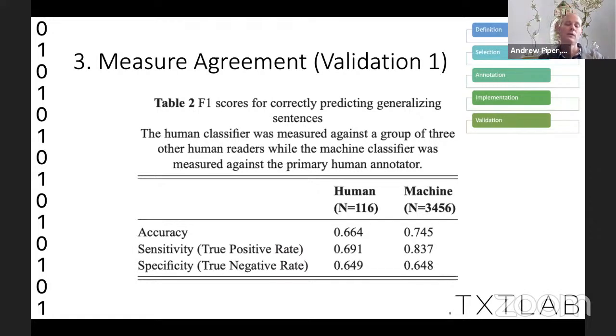And here you see the machine learning algorithm achieves a relatively decent accuracy of about 75%, meaning that in 3/4 of all cases, after learning what a generalization is based on my annotations, it's able to identify a generalization about 3/4 of the time, with about 75% accuracy. Okay.